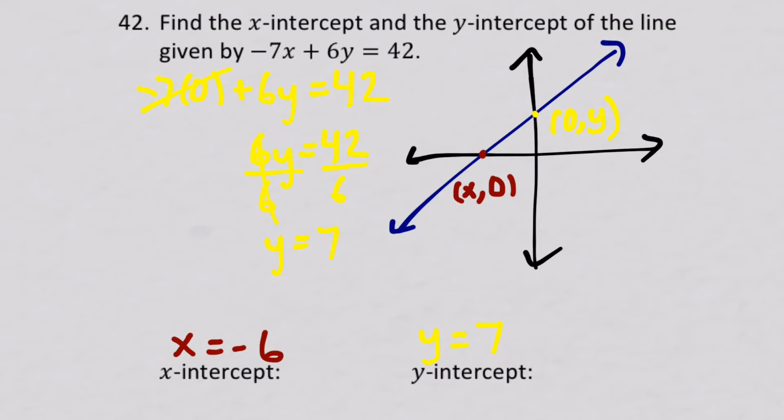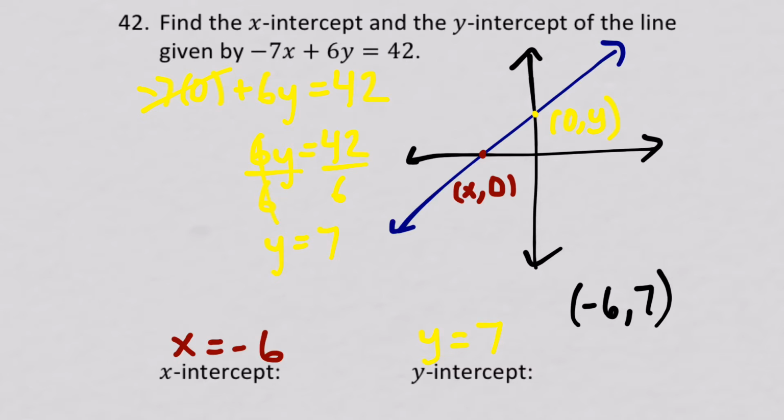Now, a common mistake that people make is that they will put the x-intercept and the y-intercept together and write it as a coordinate pair like this, negative 6, 7, and that would be a pretty big mistake. That is not the x-intercept or the y-intercept. That is just a point that is on the graph somewhere else. So do not combine the x-intercept and the y-intercept. They are separate from each other.